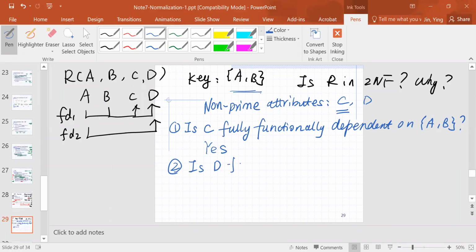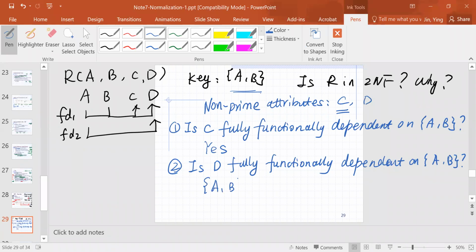So we want to see if D is fully functionally dependent on the key. Okay, and in this one, we have two functional dependencies, from AB to D and from A to D, right?